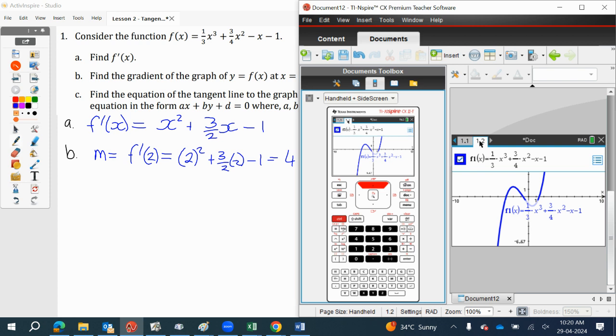Type in the original function. Your graph should look like mine if you've typed it in correctly.